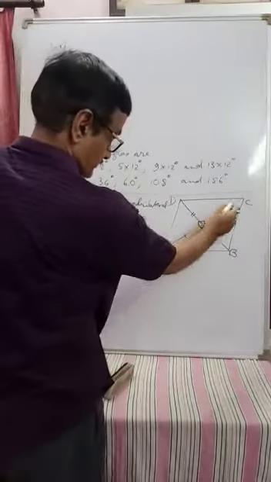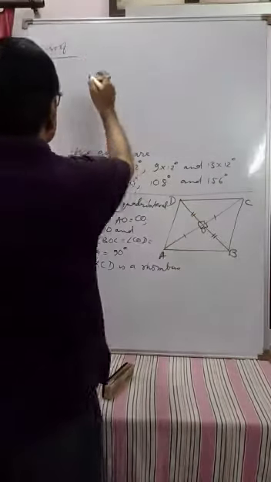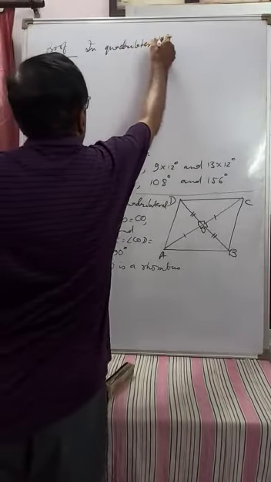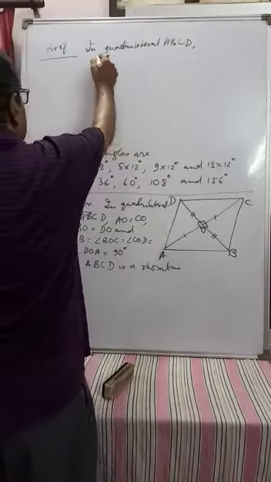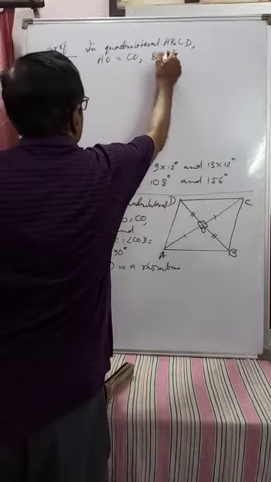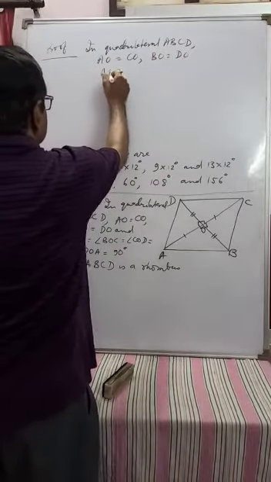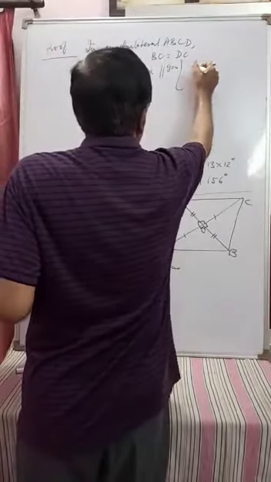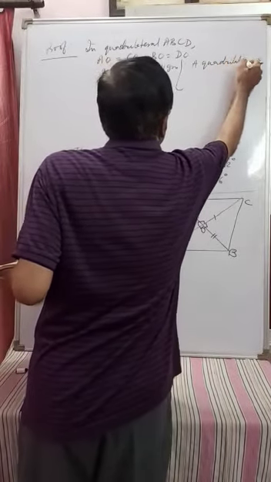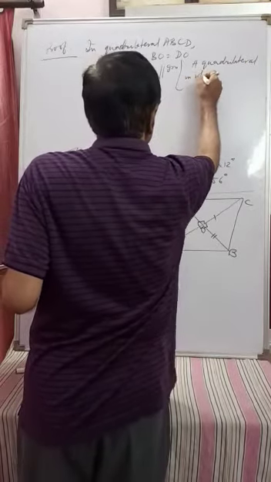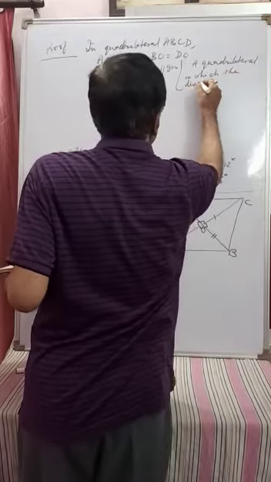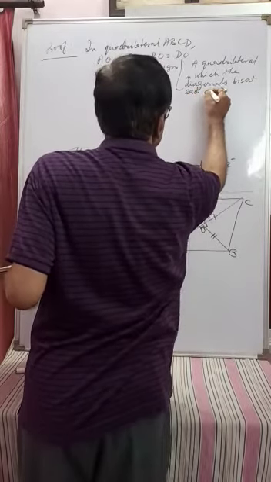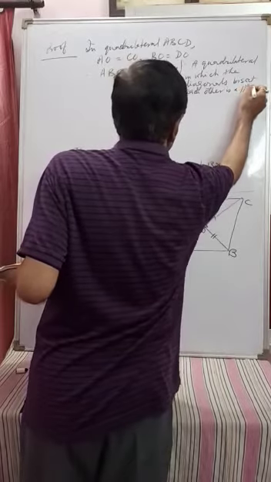Since it is given that in this quadrilateral ABCD the diagonals bisect each other, AO is equal to CO and BO is equal to DO, so therefore we can say ABCD is a parallelogram, because we know a quadrilateral in which the diagonals bisect each other is a parallelogram.